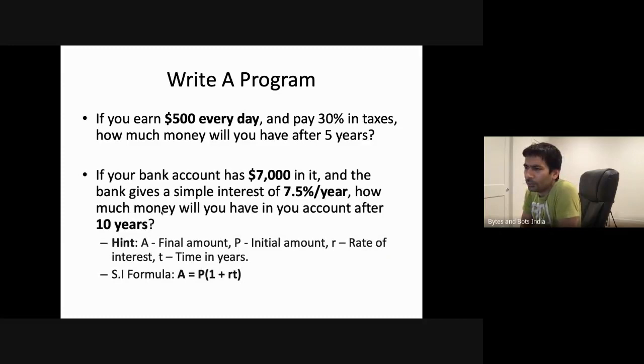Next question, open to everyone. If your bank account has $7,000 in it, and the bank gives a simple interest of 7.5% per year, how much money will you have in your account after 10 years? And the hint here is if A is the final amount, P is the initial amount, R is the rate of interest, and T is time in years, then the final amount is equal to principal times 1 plus rate times time, right?